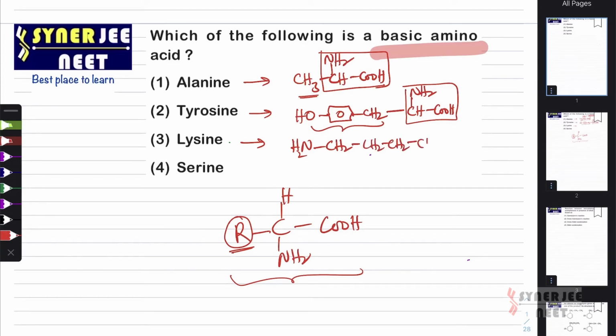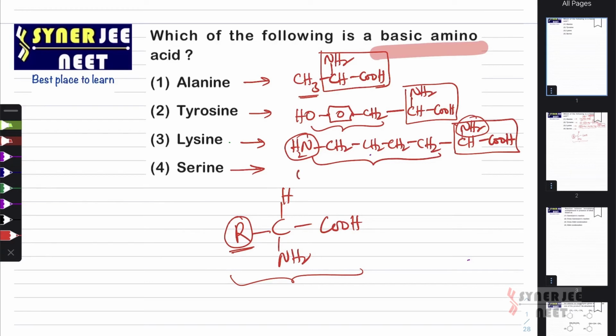Lysine has an NH2 group attached to CH2, CH2, CH2, CH2. Like that 4 CH2 groups will be there. These 4 CH2 groups will be attached to the basic structure of the amino acid. So in this group, if you see, there is one NH2 group. So since the overall compound has 2 NH2 groups, it is called a basic amino acid. Whereas serine, if you take, it will have OH, CH2 and this is attached to the fundamental amino acid group.